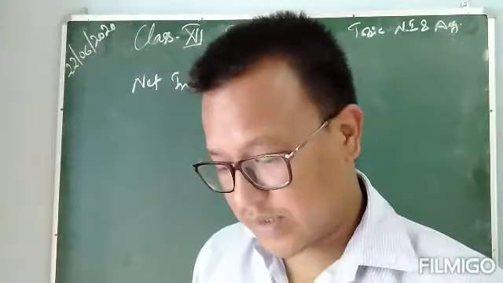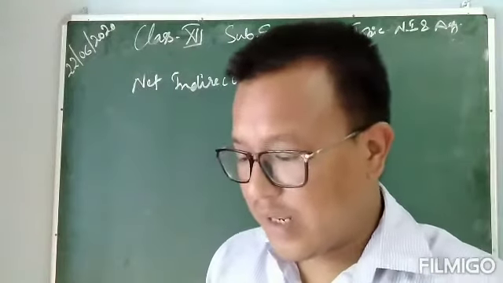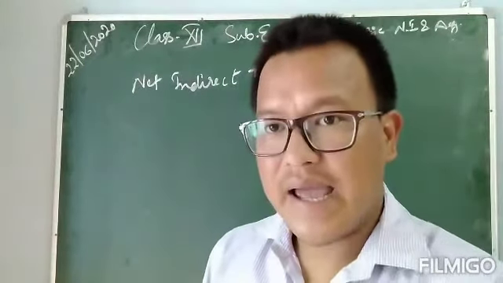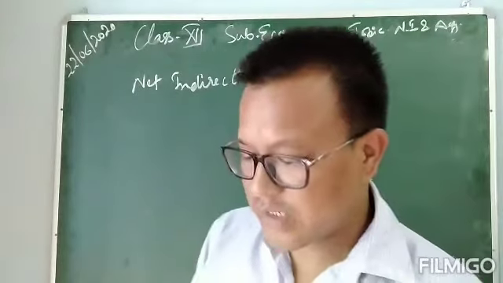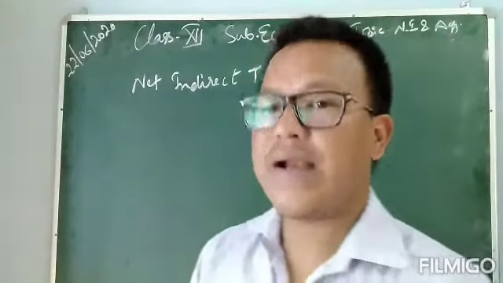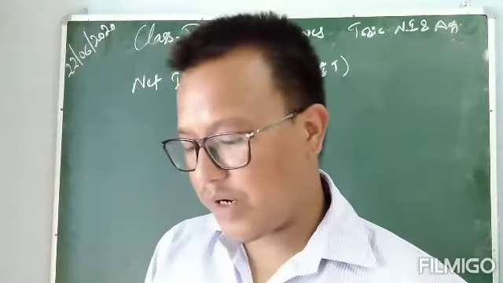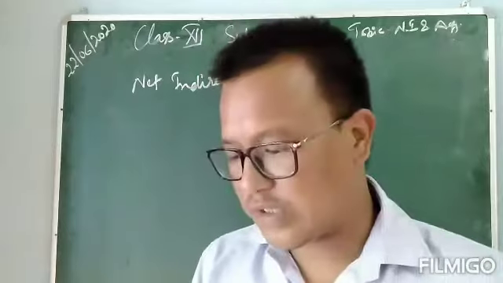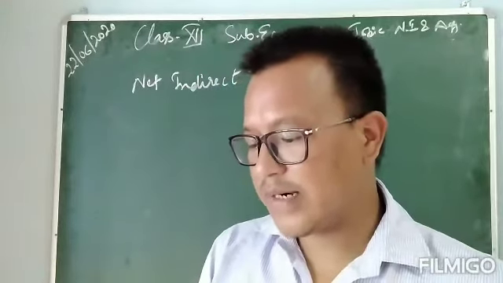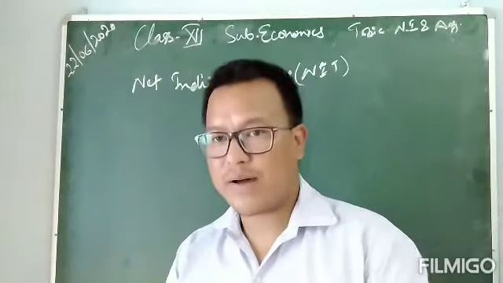Now subsidies. We said that net indirect tax is the difference between indirect tax and subsidies. Subsidies are financial assistance by government to the enterprise producing a certain commodity, or a compensation for selling a good at a certain price fixed by the government, which is below the open market price.